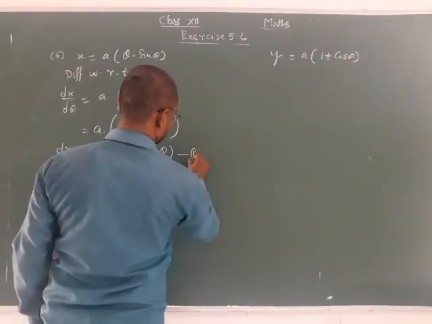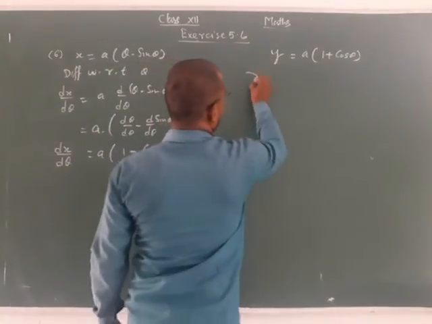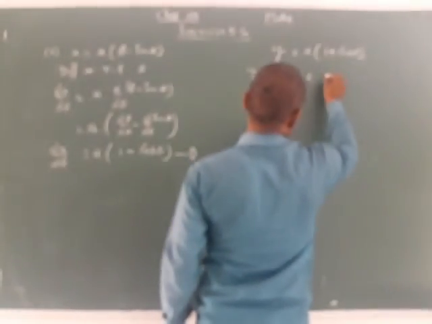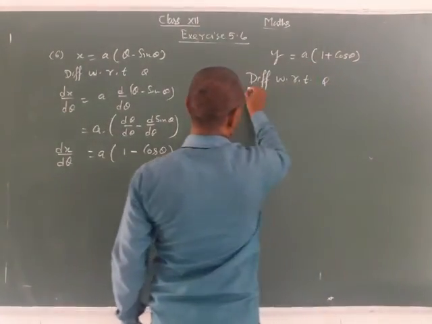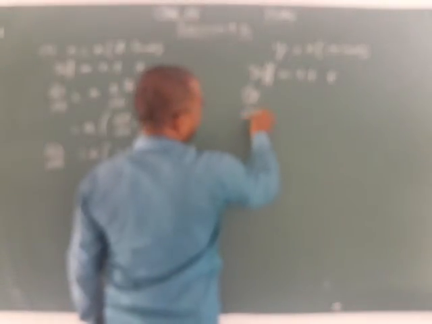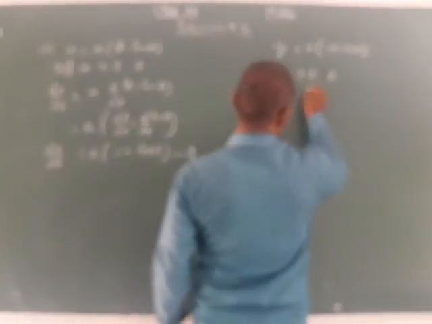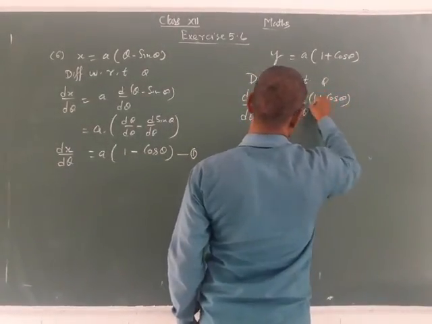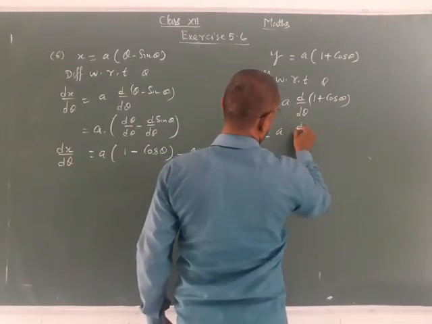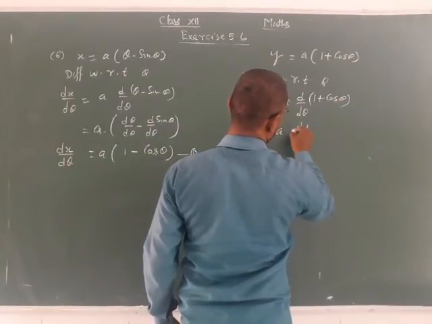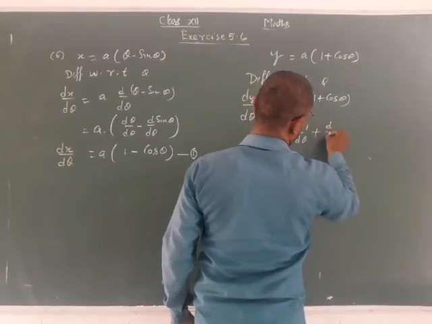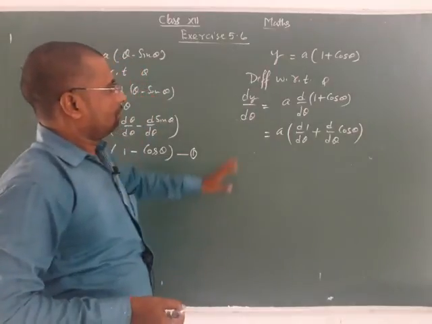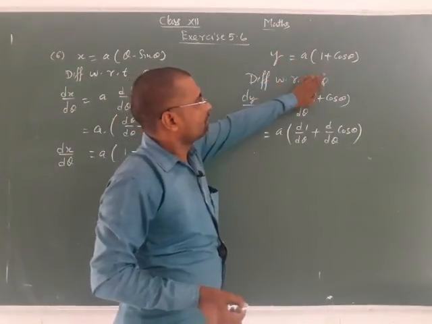Now the first part, and also differentiate with respect to theta. So dy upon d theta is equal to a d upon d theta of 1 plus cos theta. So now a, d upon d theta of 1 plus d upon d theta of cos theta. So differentiate with respect to theta.